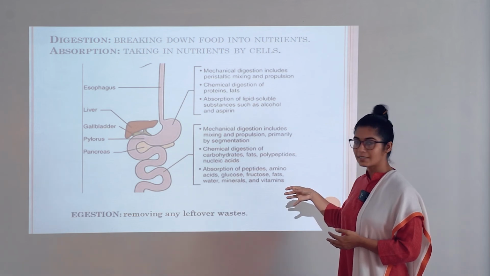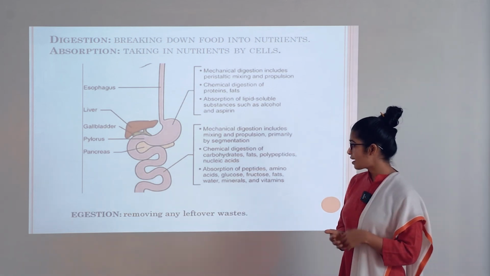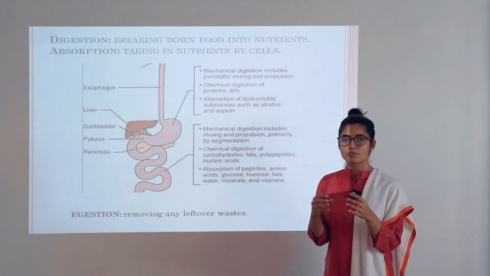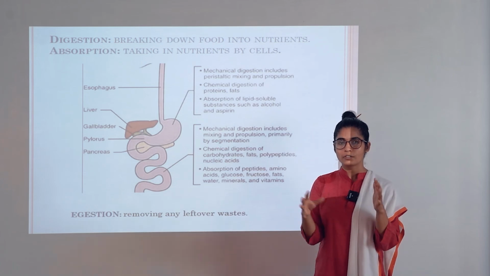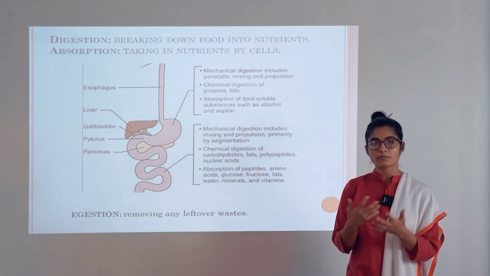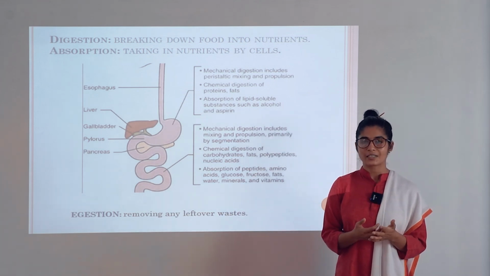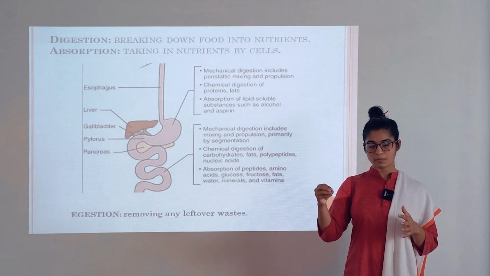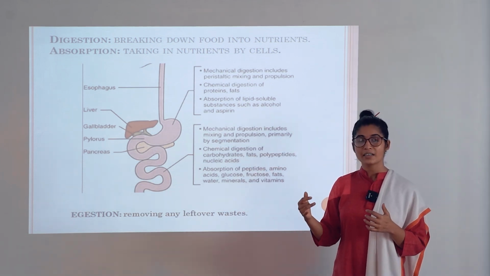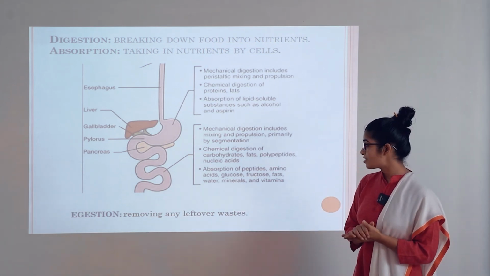After the small intestine there is a large intestine, which also has different colons. After the complete absorption of the nutrients, there is some remaining part of the food, called waste, and that waste moves from the small intestine towards the large intestine.